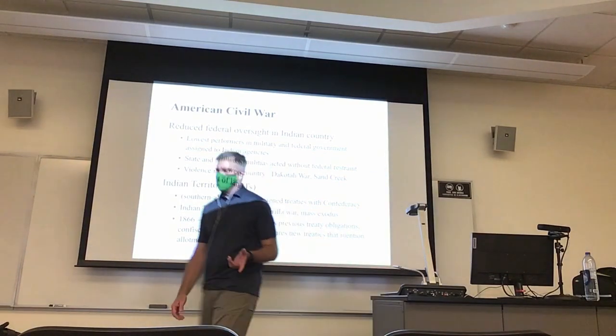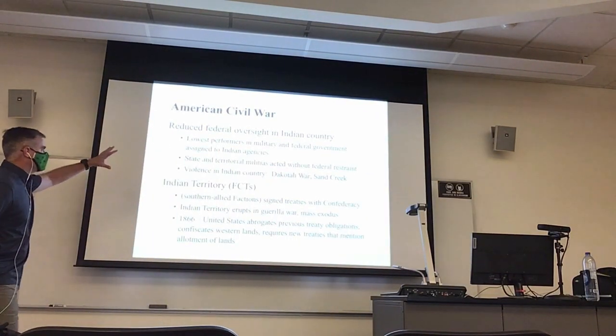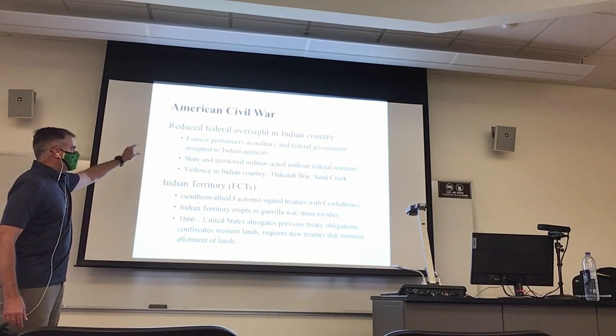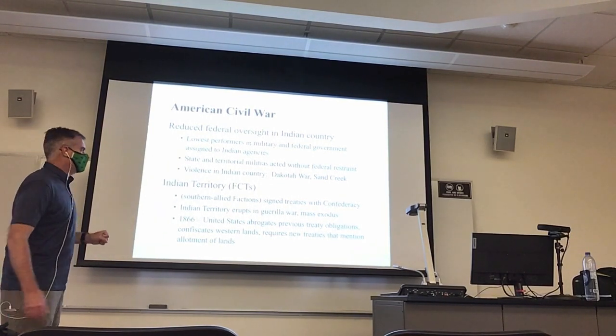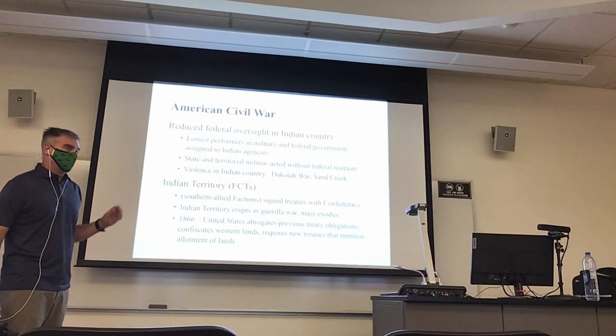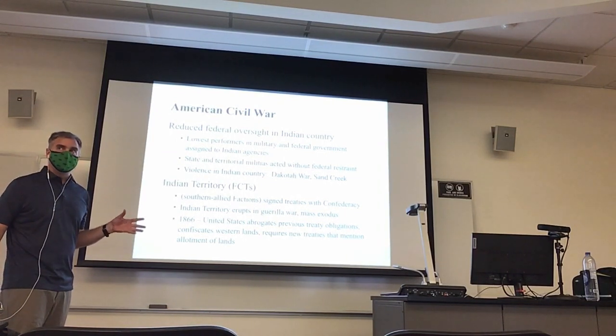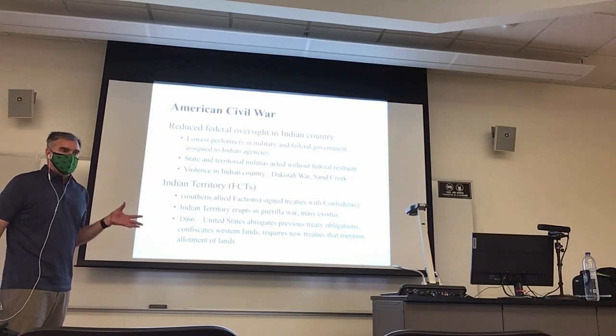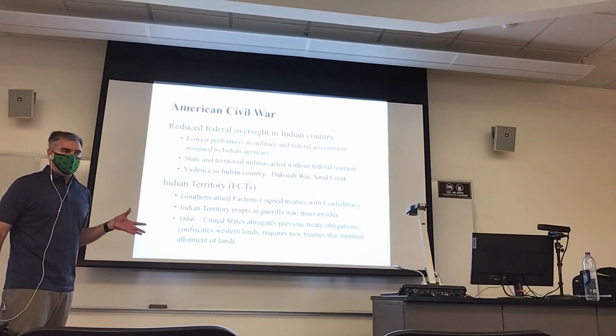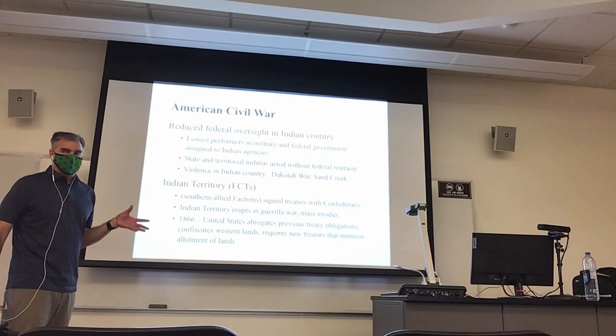The five civilized tribes. Oh, we've already talked about the split in the five tribes, right? During the Civil War, troops largely left. There were a lot of military forts in the Southern Plains, created primarily to, we could say, protect the five tribes, who had a lot of political clout, from the Comanches.